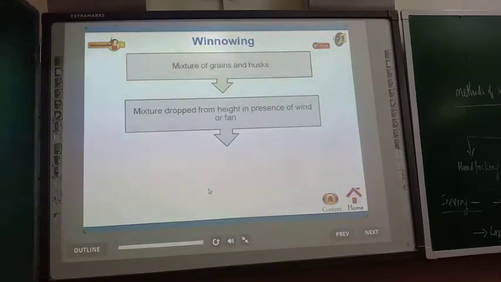In winnowing, a mixture of grains and husks is dropped from height in the presence of wind or fan.